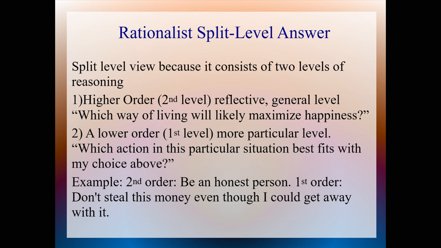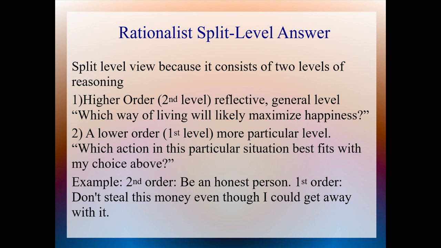And in doing the right thing, you could say that you are progressing towards this higher level of wanting to be an honest person, even though in the short run it's making you a little worse off because you don't have the money that you could have had.